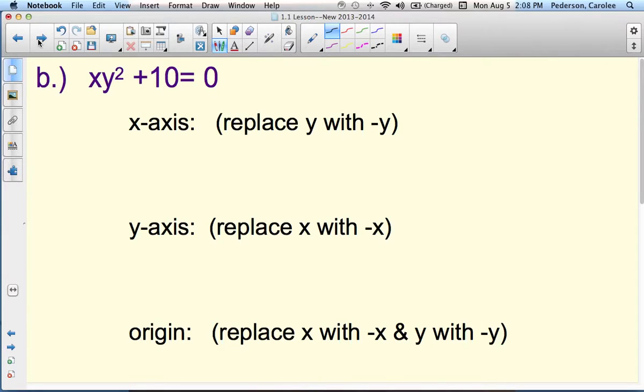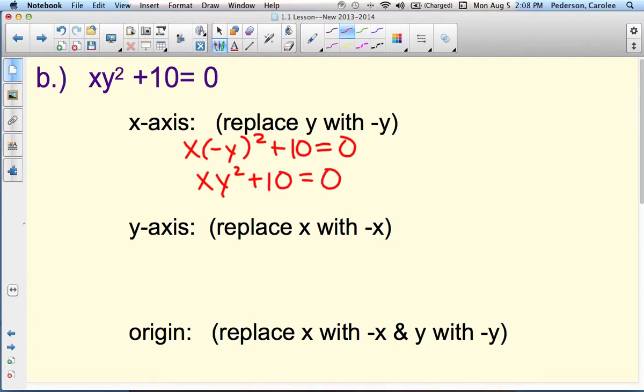Our last example is another equation in the purple, x y squared plus 10 equals 0. We want to check for symmetry. So this one will go a little faster. Replace the y with negative y. And I'll simplify it. Negative y times negative y is y squared.